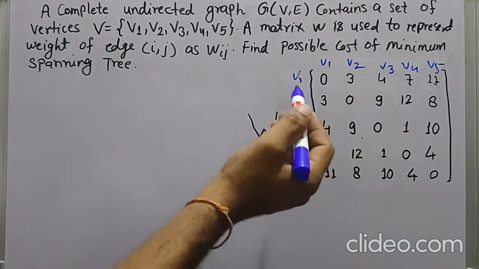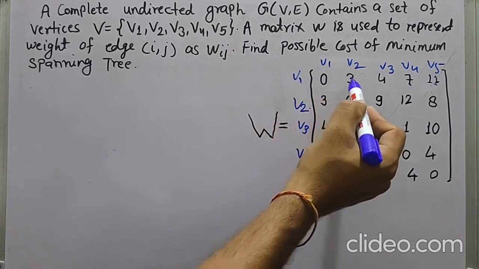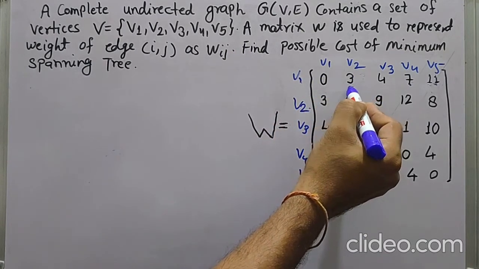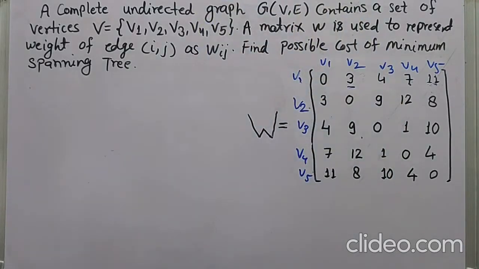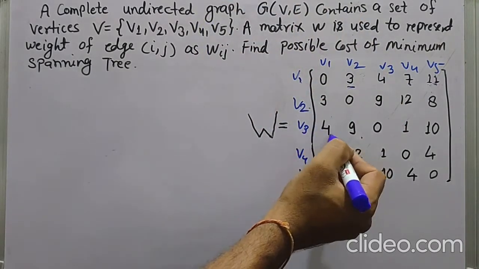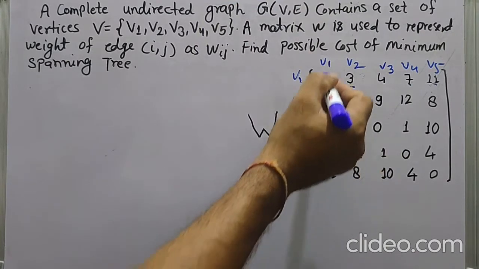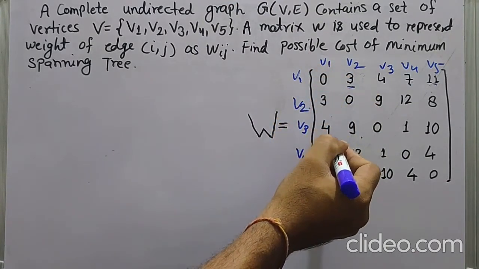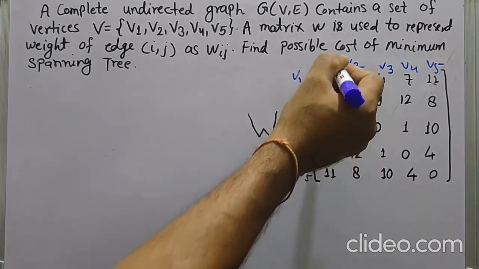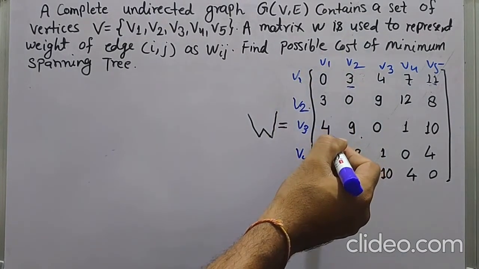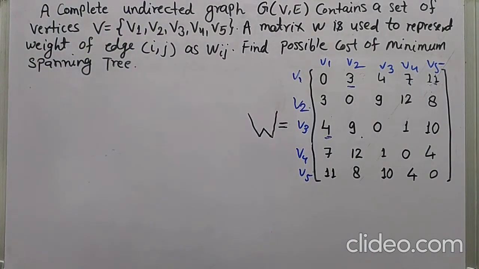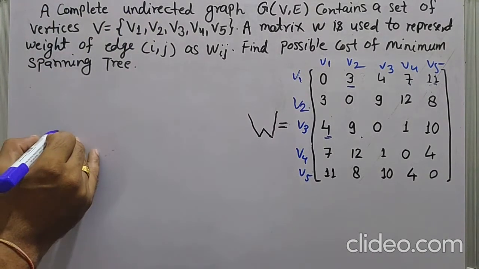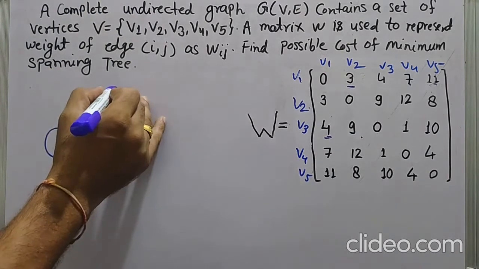For example, for V1, V2, the weight of the edge between V1 and V2 is 3. Similarly, for V3, V1 column, the edge between nodes 3 and 1 has weight 4. This is a complete undirected graph, so every node is connected with every other node. So let us draw the graph first.